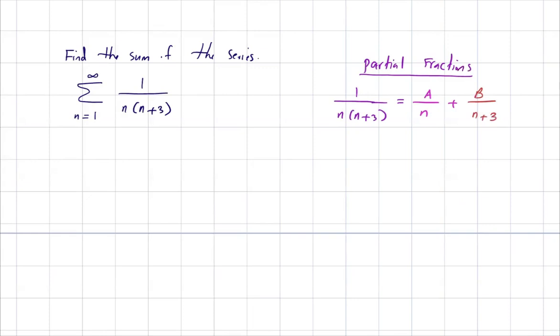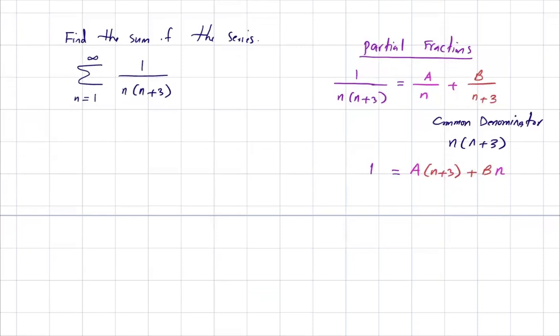So if you take common denominator on the left-hand side, your common denominator is n times n plus 3. You end up with a times n plus 3 plus b times n, and the numerator on the other side is equal to 1.